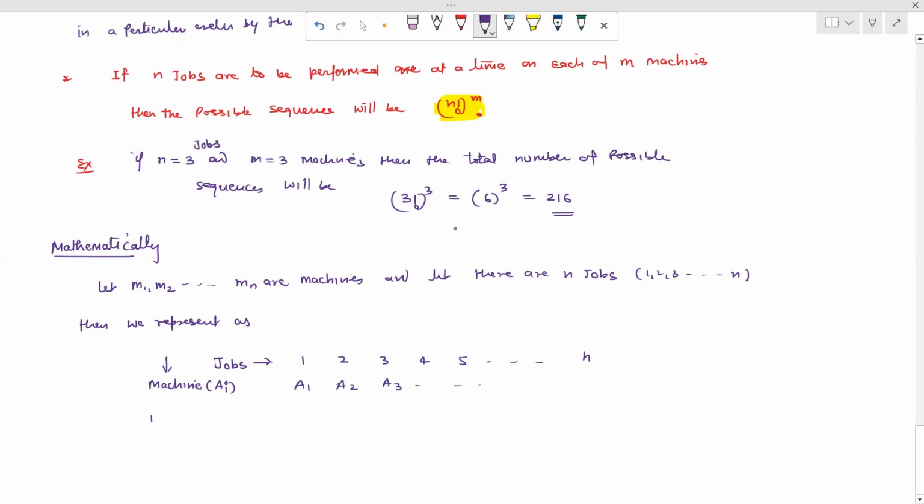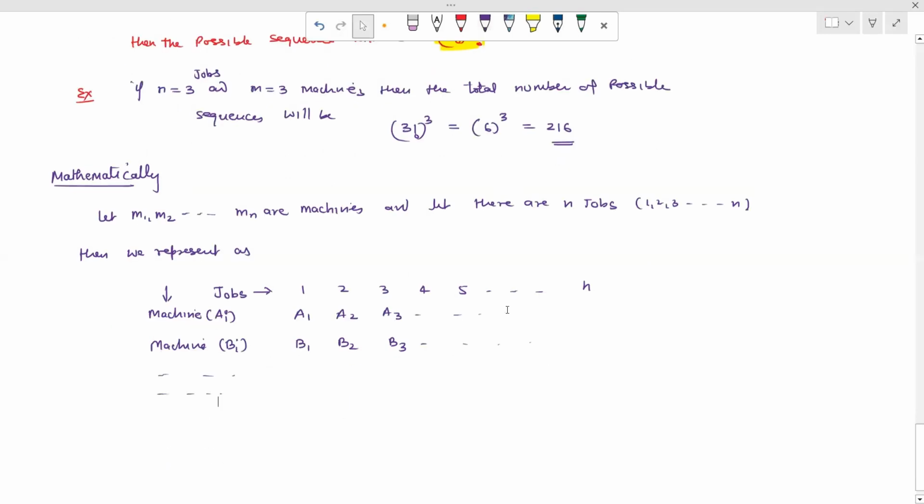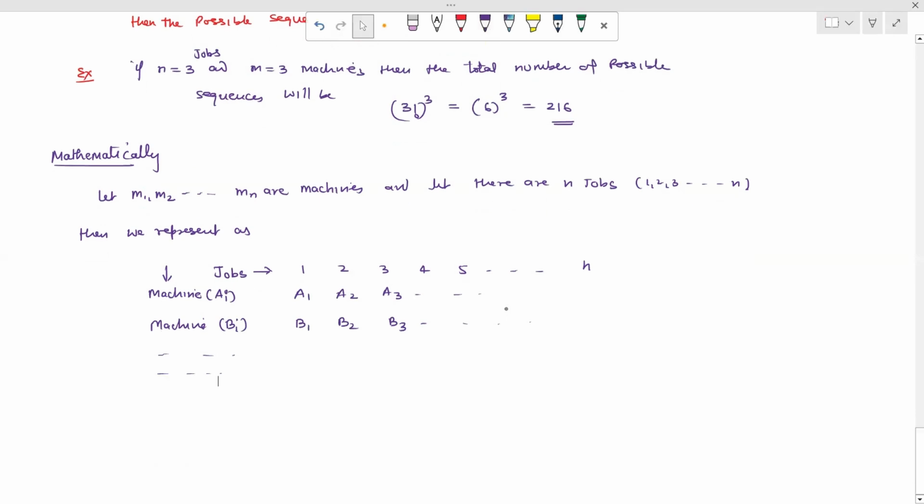Second is machine BI. So we write down B1, B2, B3, and similarly we write down the machines CI, DI, up to CM. Okay, so we take the M machines.